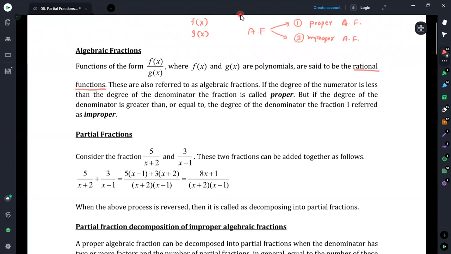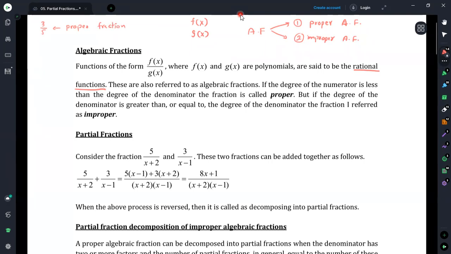If the degree of the numerator is less than the degree of the denominator, then such a fraction is called a proper fraction. It is quite like this. If you have a numeric value, suppose 3 divided by 5, we know that this is a proper fraction. Here the number in the numerator is less than the number in the denominator.